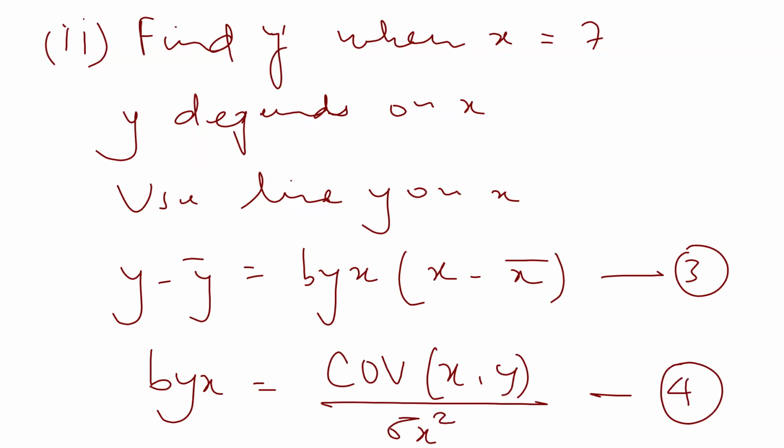Now if you remember, covariance of xy we have already calculated earlier. So what we are going to do is calculate the value of variance of x. Variance of x is equal to summation x square upon n minus x bar square. So let's calculate the value of x square.